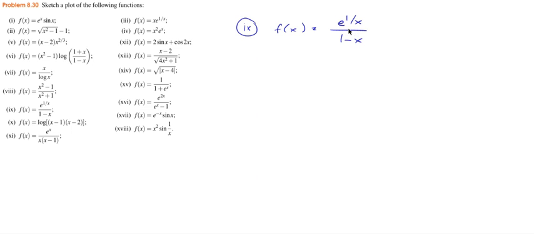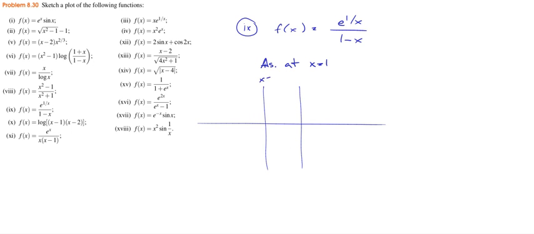Now again we have a vertical asymptote at x equals 1, and at 0. Let me write this: x equals 0, x equals 1. We know that at 0 this is going to be plus infinity, like this, right?